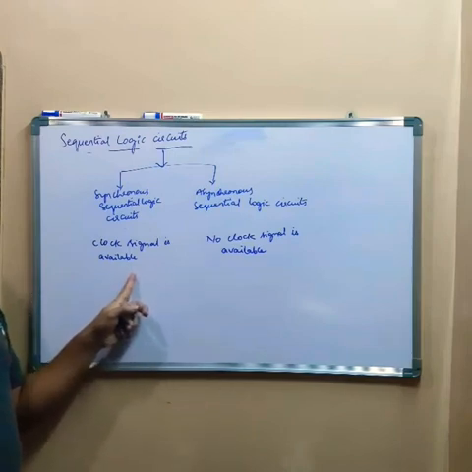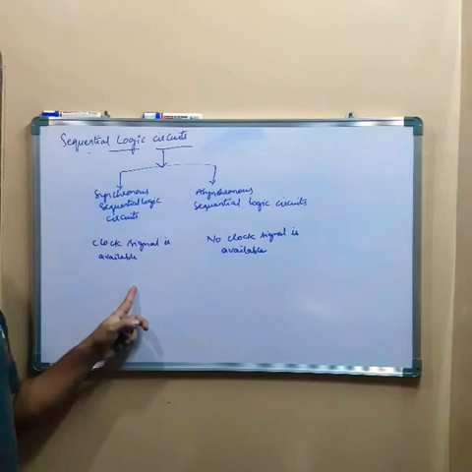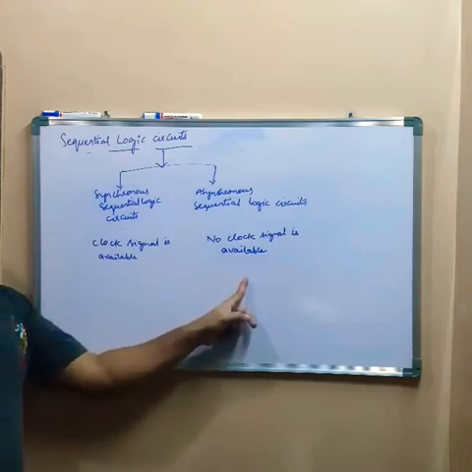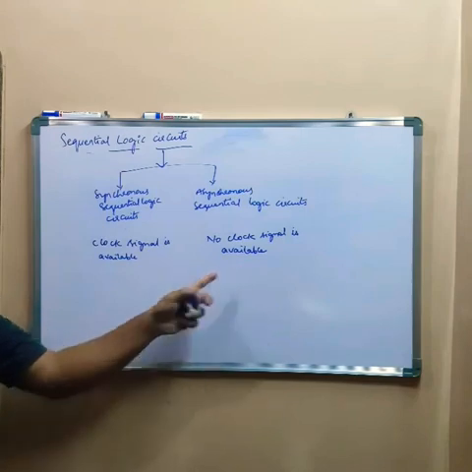Here we have a clock pulse. Depending on the activation of the clock pulse, the output is affected by varying the input variables. So the input variables have to synchronize with the clock pulse. In this case, there is no synchronization for the input variables in case of asynchronous sequential logic circuits, right?